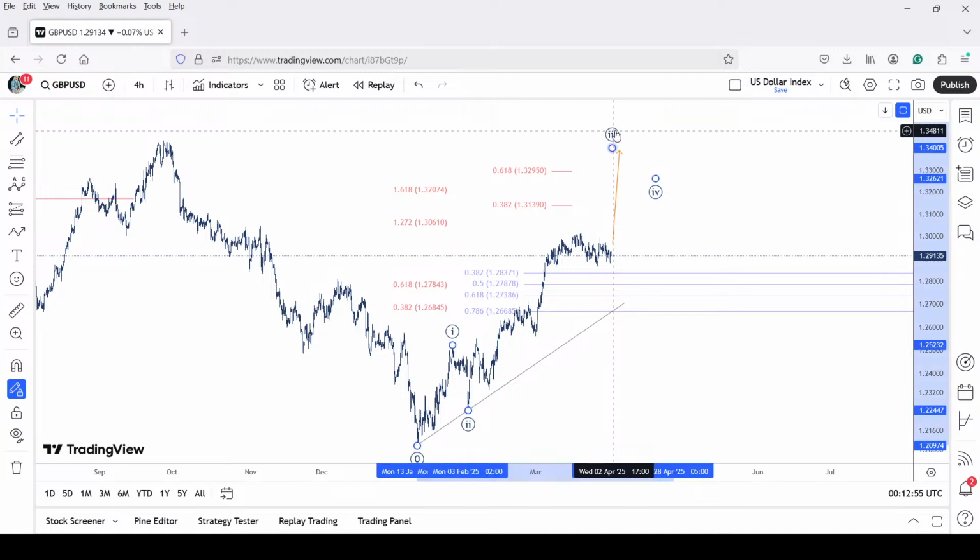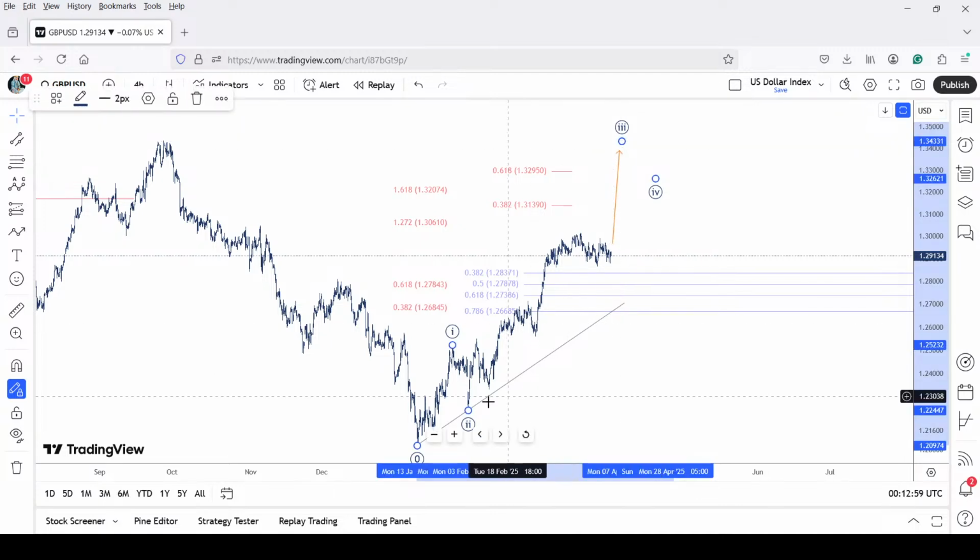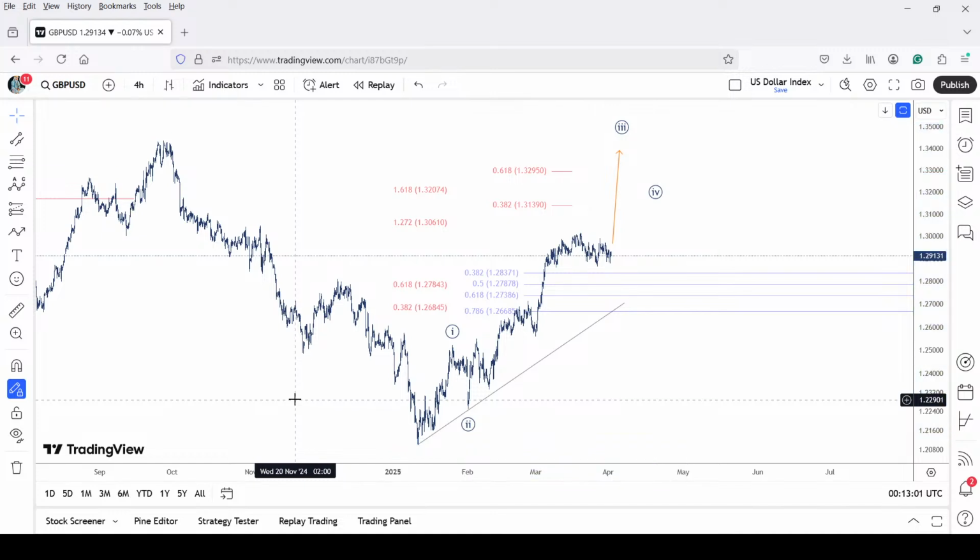So up on your screens, I've plotted the minute degree. Wave 1, 2 and minute wave 3 is still progressing with another two lower degrees, wave 1 and 2 and then 1, 2, 3, 4 and 5. So that is minute and sub-minute degrees waves unfolding right now.